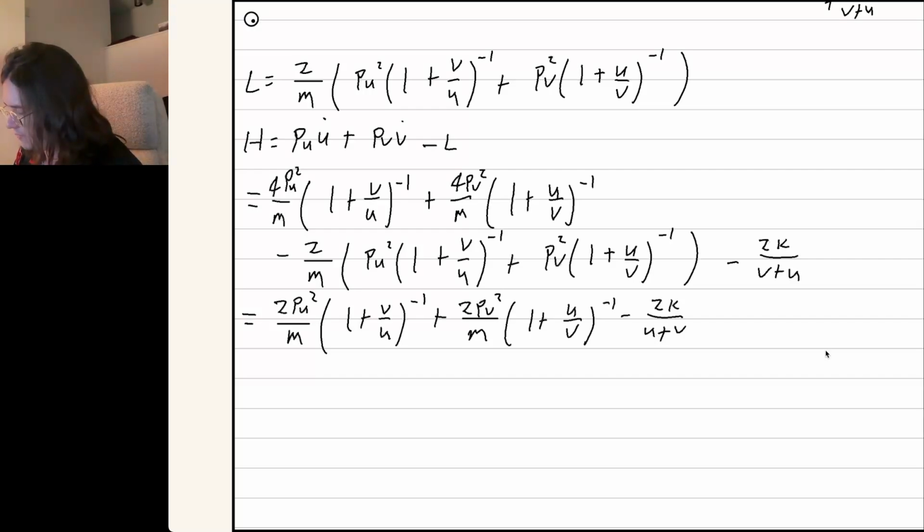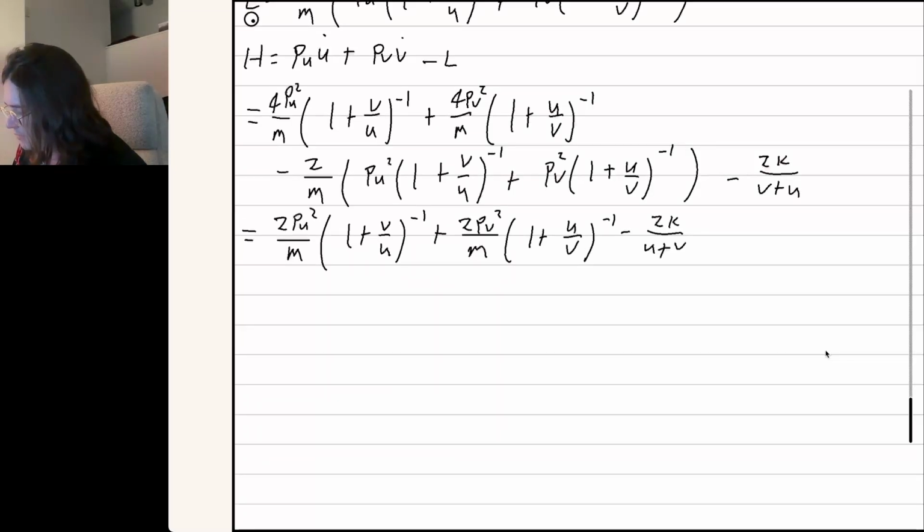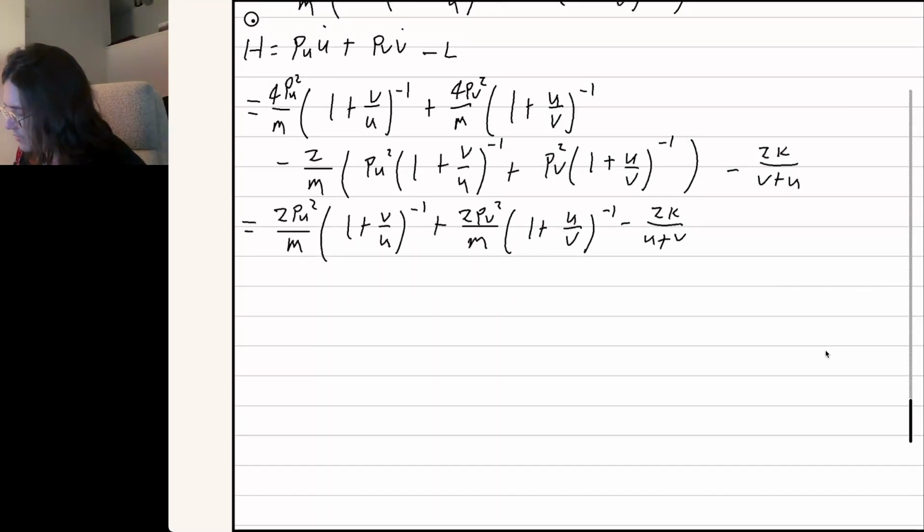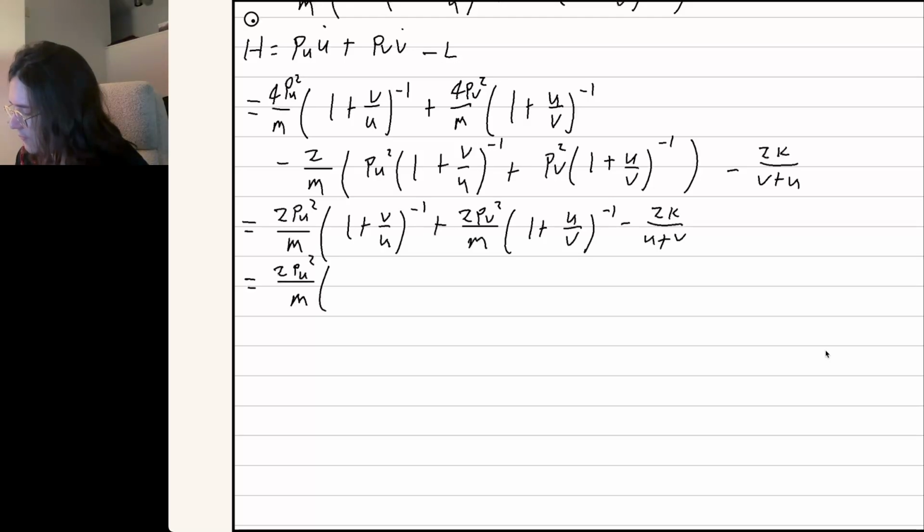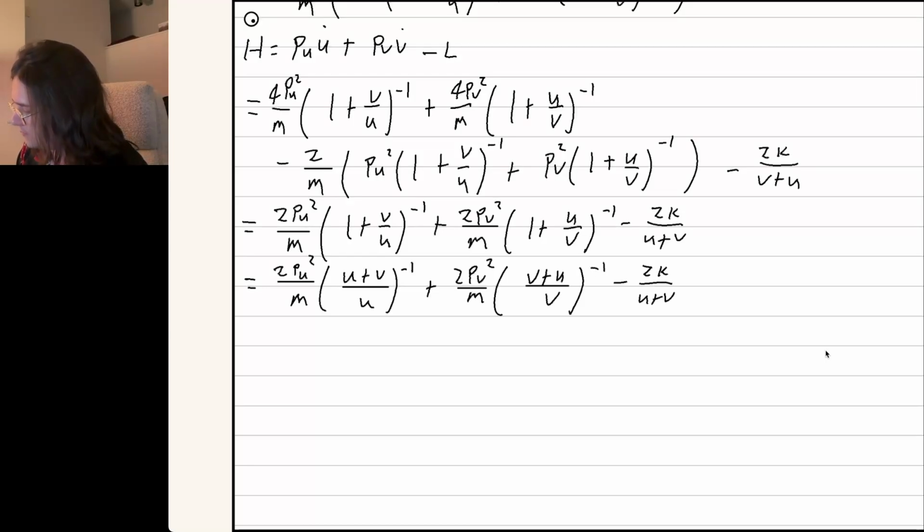Now I'm going to start re-simplifying these so that we don't have inverse fraction terms. So inside of those parentheses, just going to make sure everything has the same denominators. So it's going to be (u plus v over u) to the minus 1 there, over m, and then actually it's going to be (v plus u over v) to the minus 1, minus 2k over u plus v.